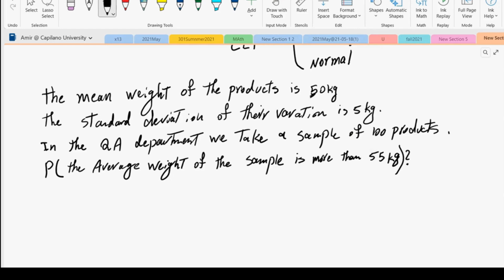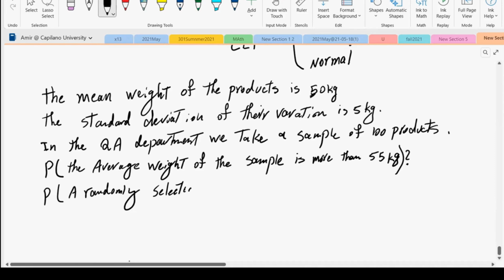So, is this question about the products? No. Let me ask you another question. What is the chance that a randomly selected product is more than 55 kilogram?